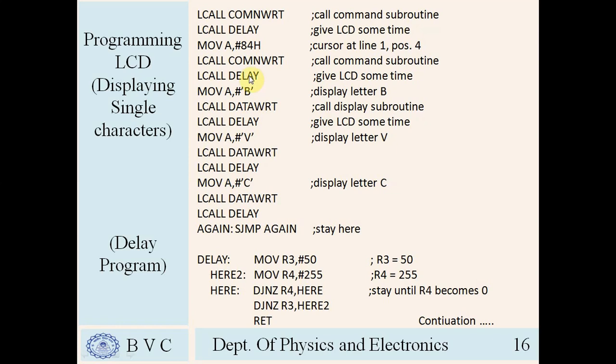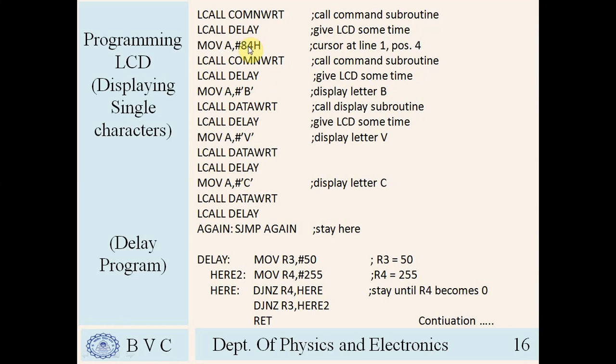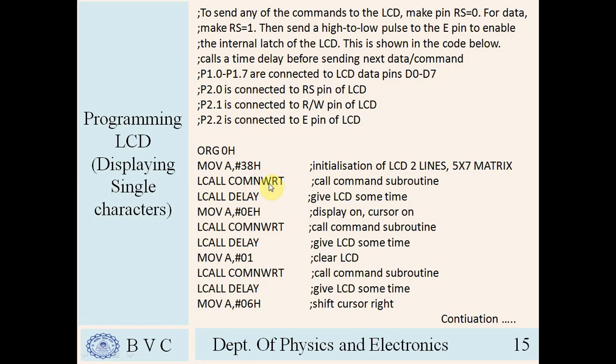So 38 is a command code, 0E is a command code, 01 is a command code, 06 is a command code, and 84 is a command code. All these command codes are given one after the other: after 38 we give 0E, after 0E we give 01, after 01 we give 06, and after 06 we give 84. But with 2 instructions in between.